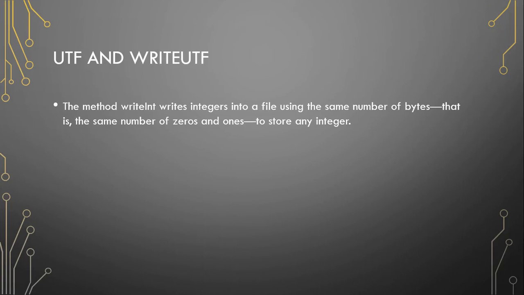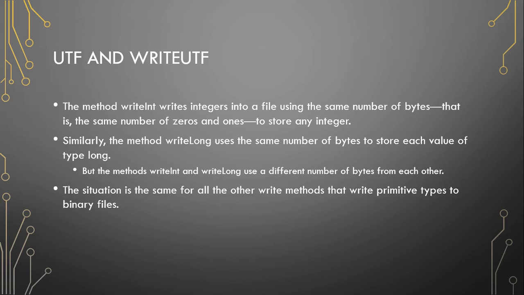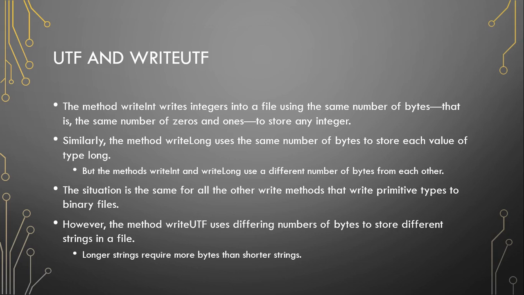The method writeInt, if you remember, writes integers into a file using the same number of bytes, that is, the number of zeros and ones, to store each integer. Similarly, the method writeLong uses the same number of bytes to store each value of type long. But writeInt and writeLong use a different number of bytes from each other. The situation is the same for all the write methods that write primitive types to binary files.